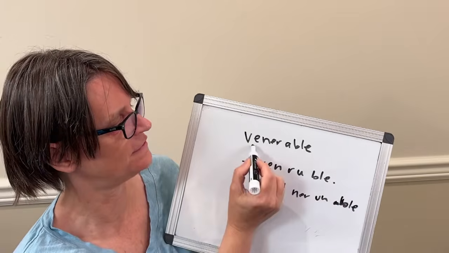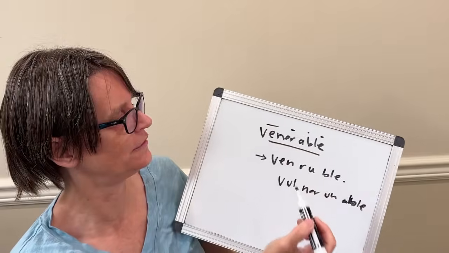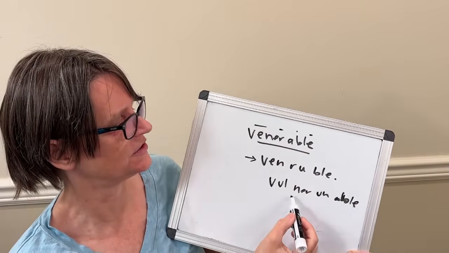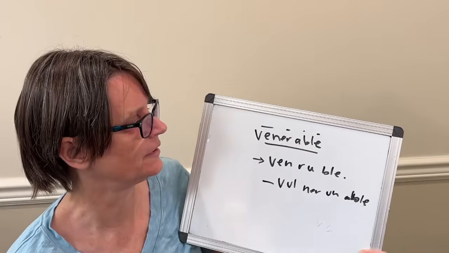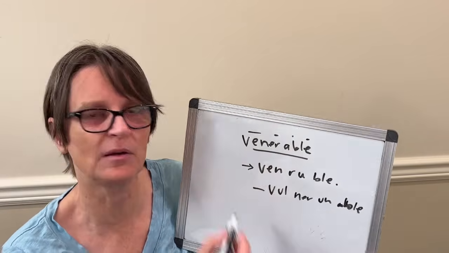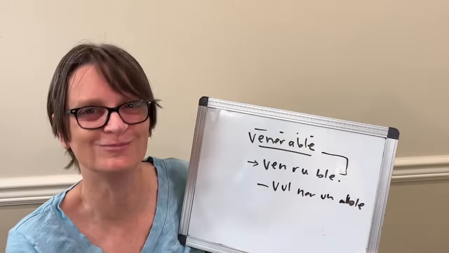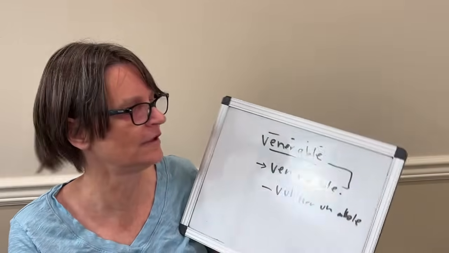So when you're trying to say venerable, you might want to keep the four syllables so that it doesn't come too close to being vulnerable. Yeah, I think probably both work. Just be careful about your vowels and not letting a vowel come in there. Very good. Thank you for that request.